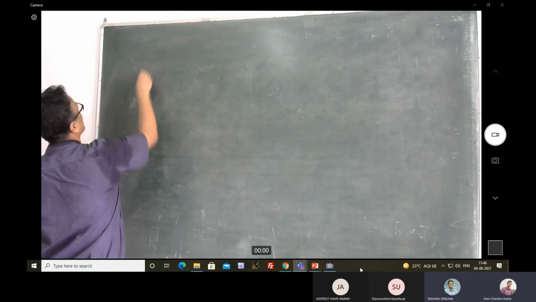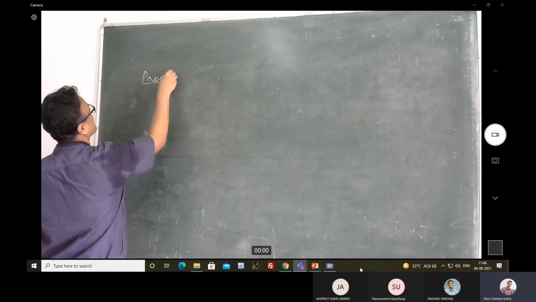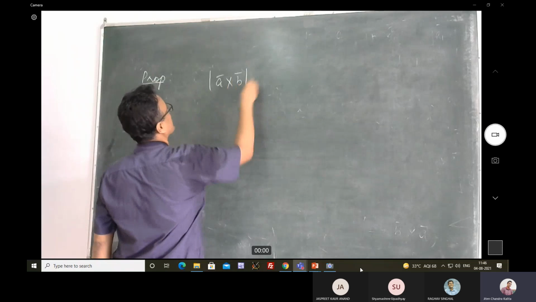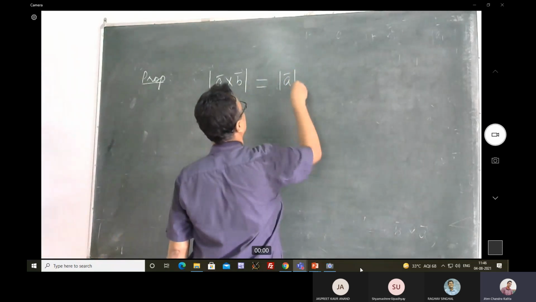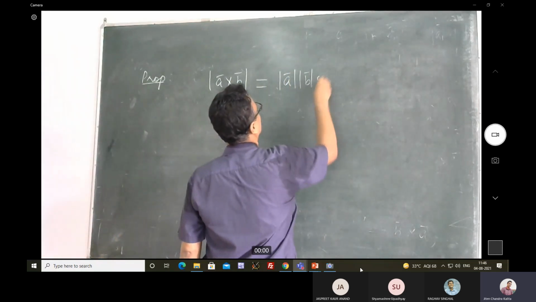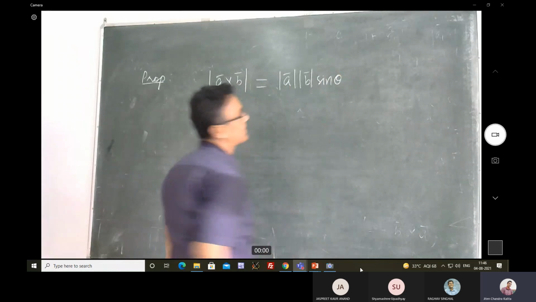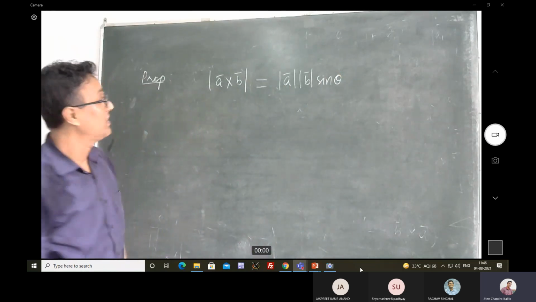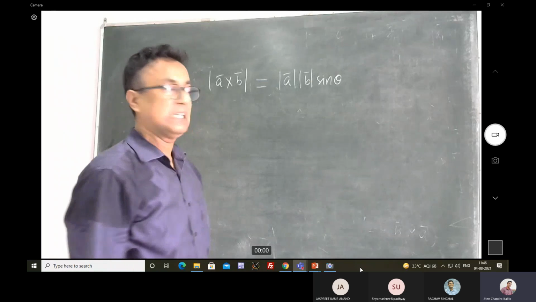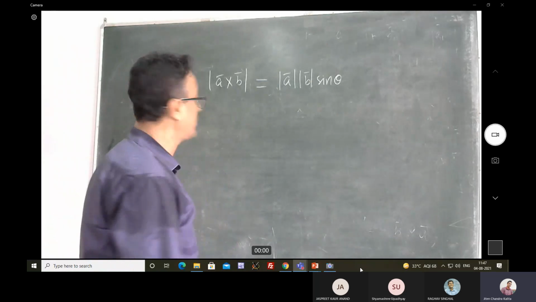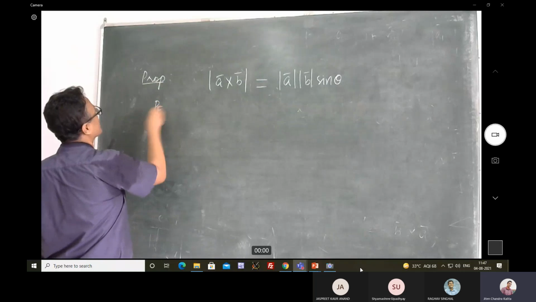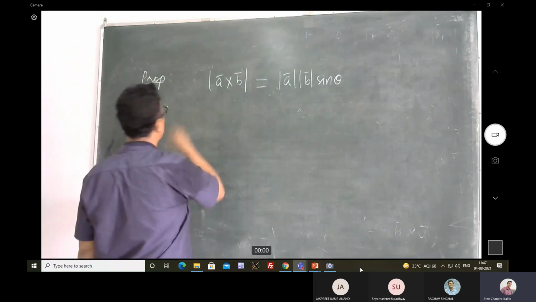There is one property: the magnitude of A cross B is equal to AB sine theta, where theta is the angle between the vectors A and B. This proof is pretty straightforward, I'm going to do it quickly.